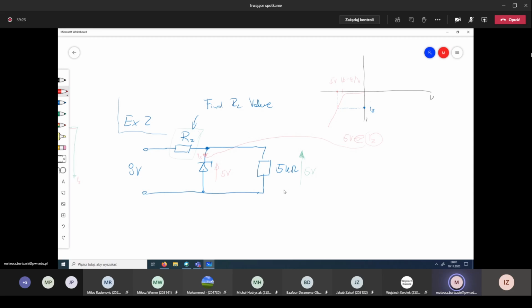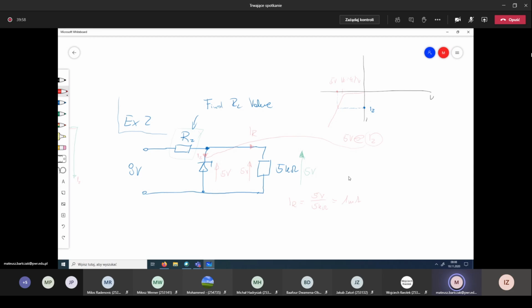When we have the 5 volts here, we will also have 5 volts on the resistor, and through the resistor the current also flows. So the resistor current, according to Ohm's law, will be equal to 5 volts over 5 kilo ohms. So it will be equal to 1 milliamp.